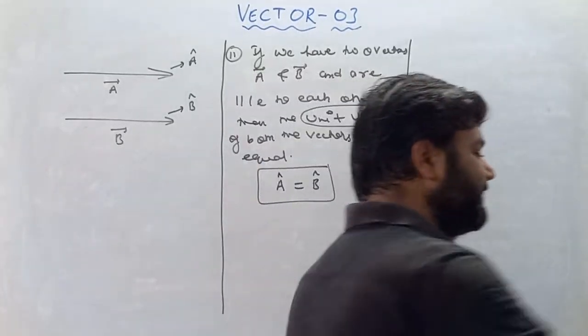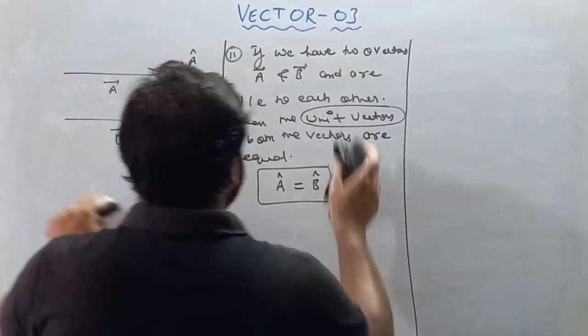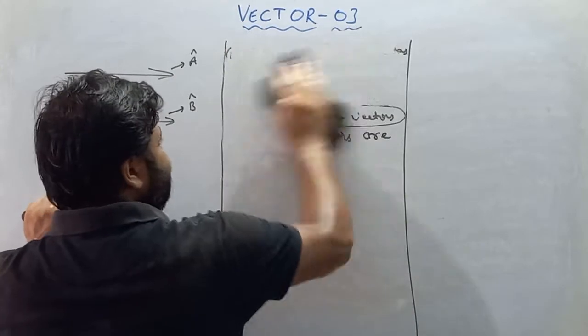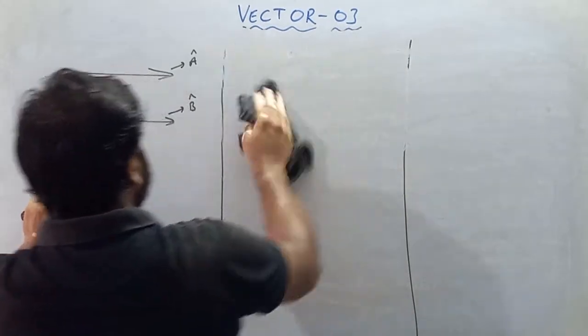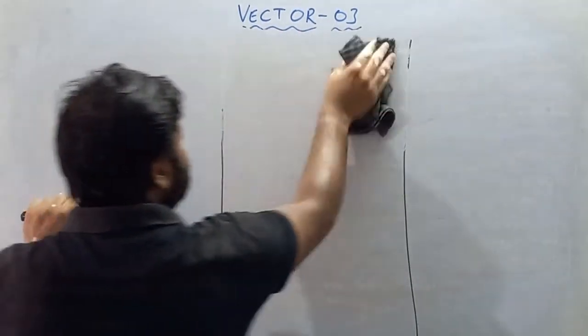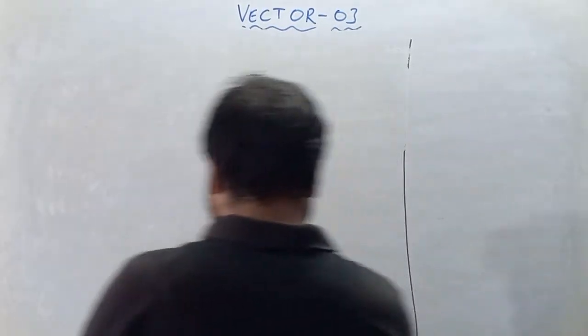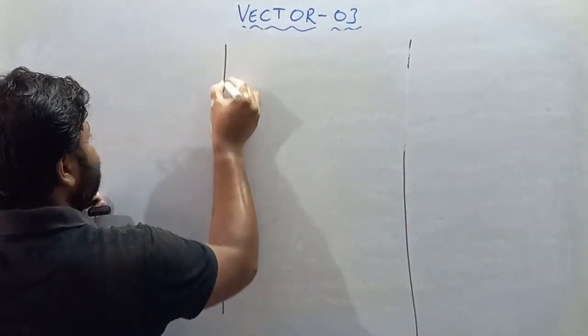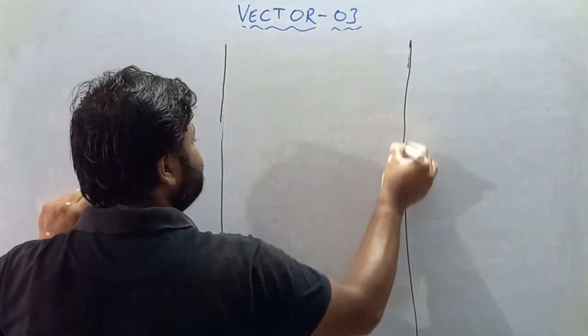Now moving forward, the third point. Write down the third point which you have to remember. We are discussing now the third point.